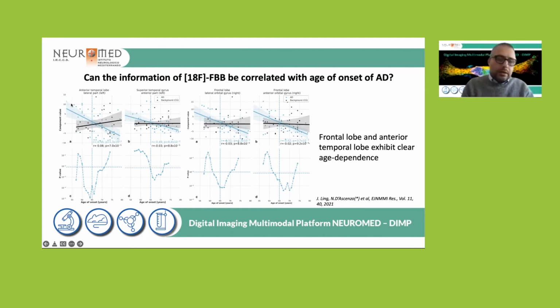We found that a strong age correlation is evident for some groups of specific markers from the PET image, extracted with textural features, in the anterior temporal lobe, superior temporal gyrus, and in the frontal lobes, which are also very characteristic of Alzheimer's disease.